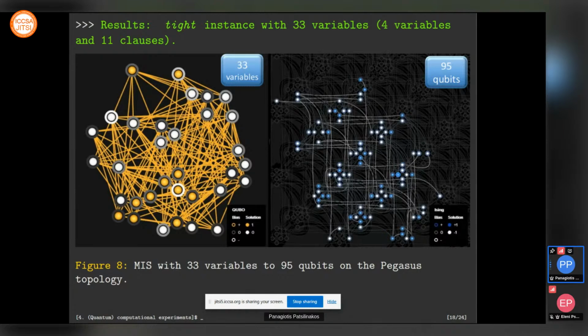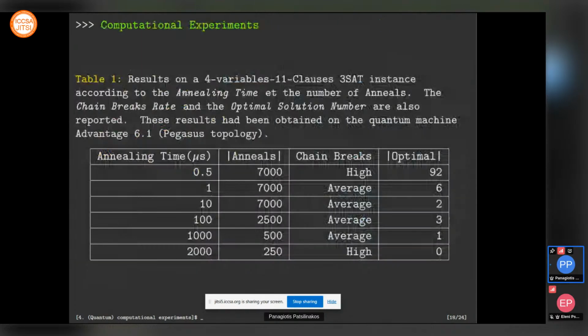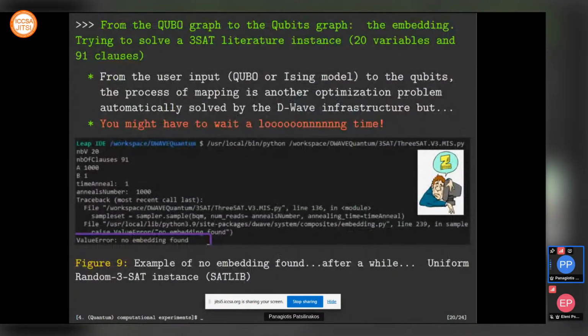Sadly, we obtain only a few optimal solutions, not all of them, but still we succeed in solving this problem. Okay, but at the end, even if we succeed in solving more instances than the typical 3-SAT formulation through a QUBO, we want to pass through this decomposition.